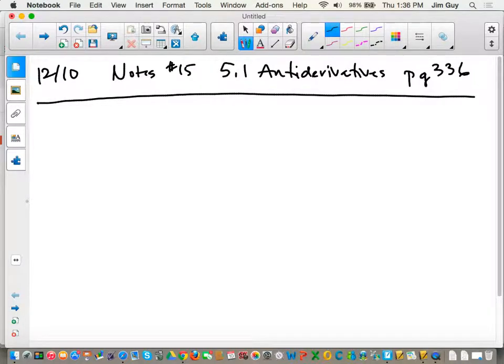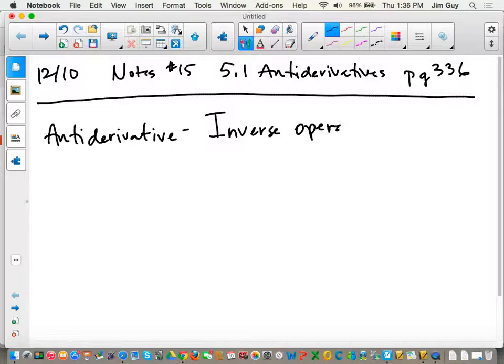Okay, so just to begin with, an antiderivative is just what we just talked about. Think of it this way, it's the inverse operation of the derivative.